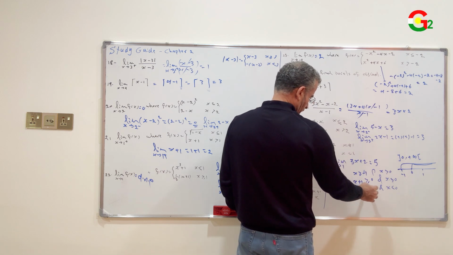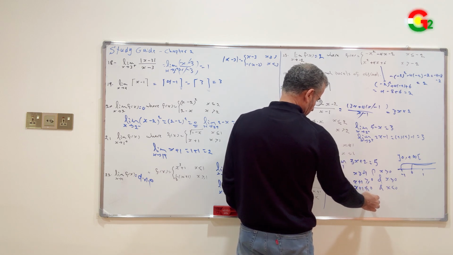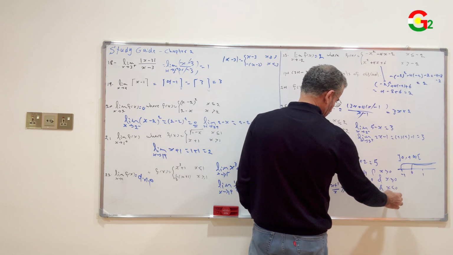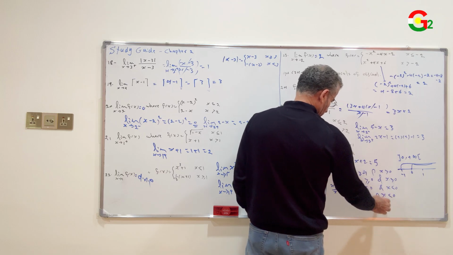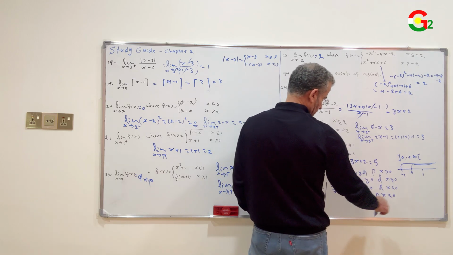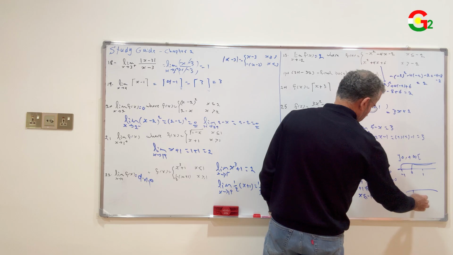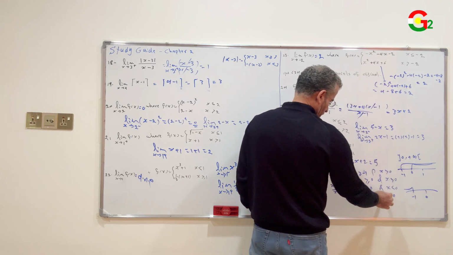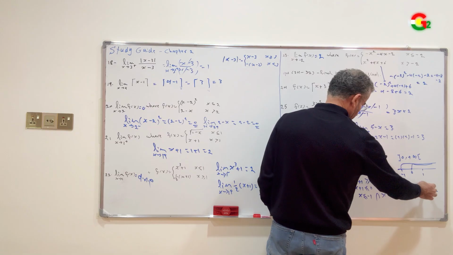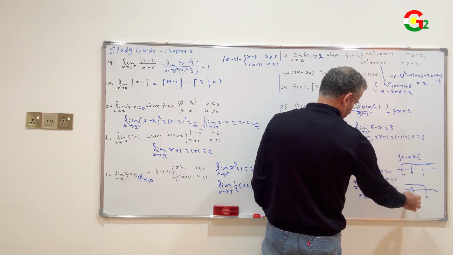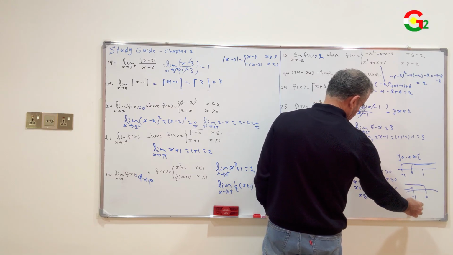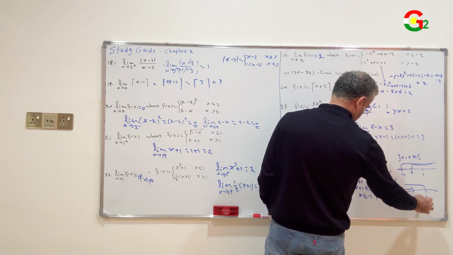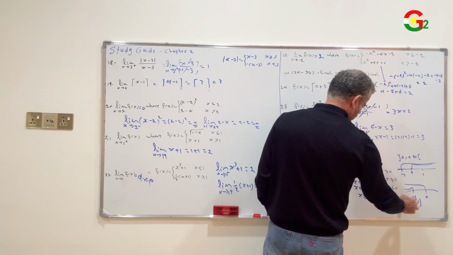For the other case, x less than or equal to -1, x less than 0, then the intersection is -infinity to -1, with -1.